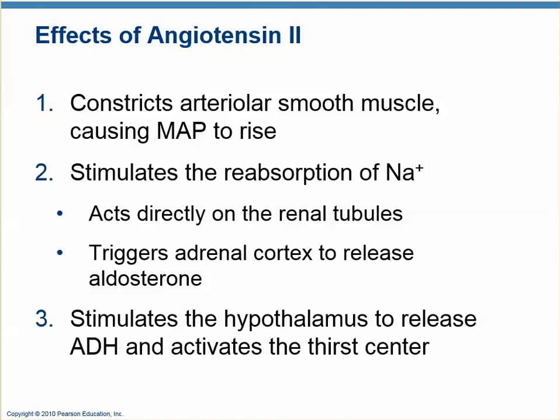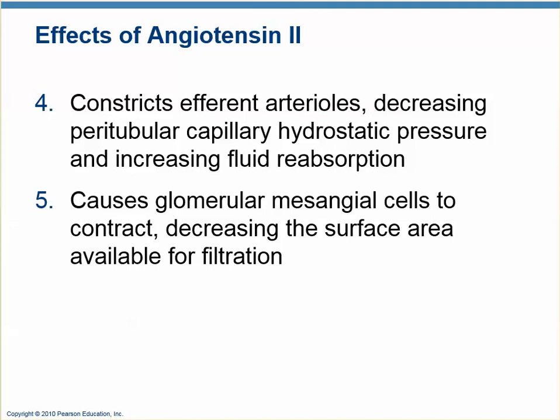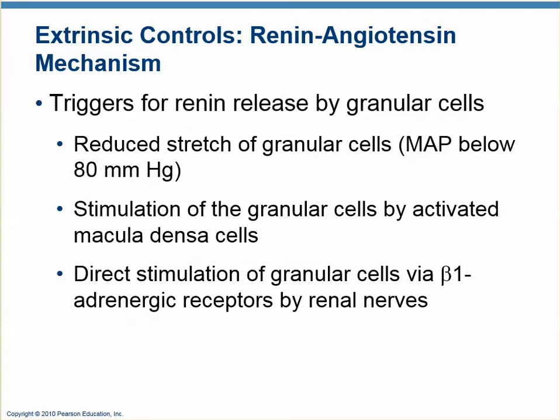We've talked last semester about the effects of angiotensin and its effect on blood pressure. But the effect on blood pressure is that it causes the changes in the kidneys that cause less production of urine.